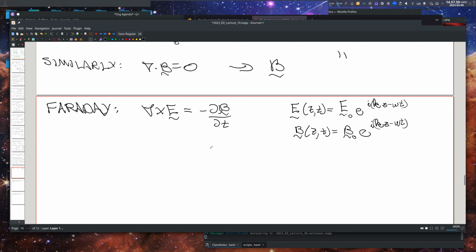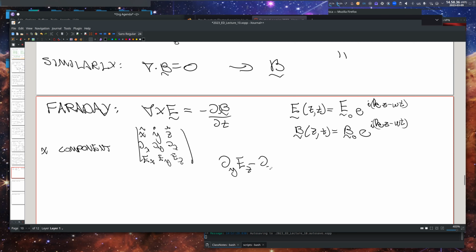Okay, so let's just see what that tells us. Let's take the x component. So what's the curl of E? You remember, right? x hat, y hat, z hat, d/dx, d/dy, d/dz, Ex, Ey, Ez, determinant. So the x component is d/dy of Ez minus d/dz of Ey.